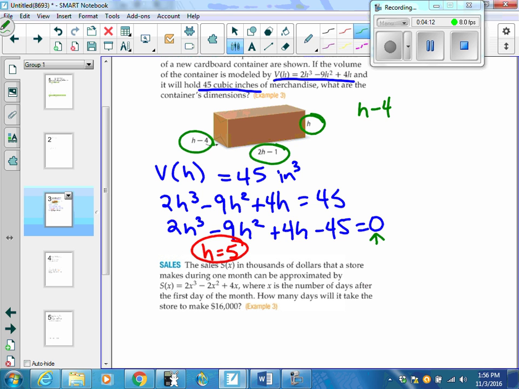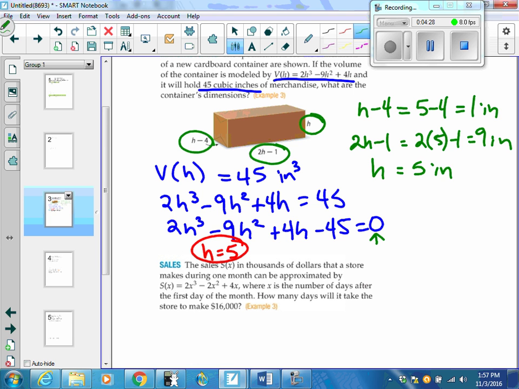So h minus 4 would be 5 minus 4, or 1 inch. 2h minus 1 would be 2 times 5 minus 1, or 9 inch. And we already know that h is 5. So my dimensions are 1 inch by 9 inch by 5 inch.